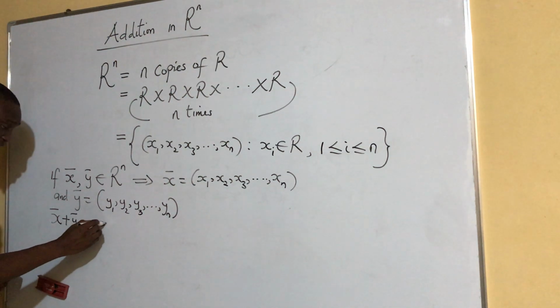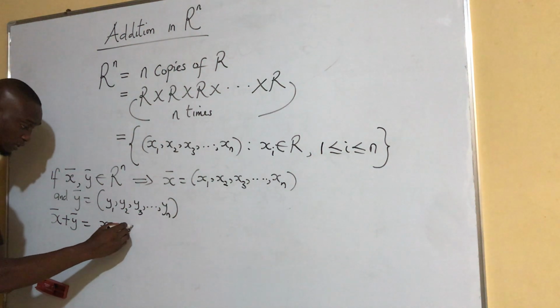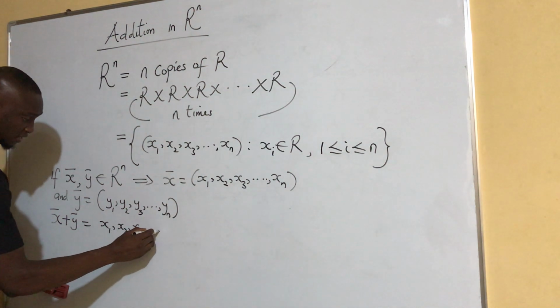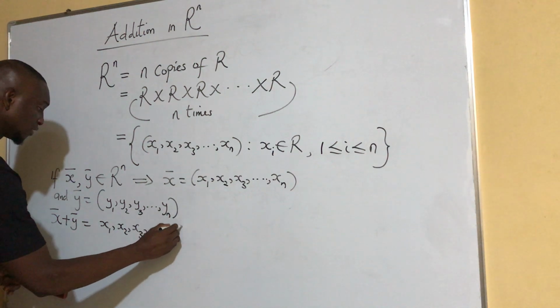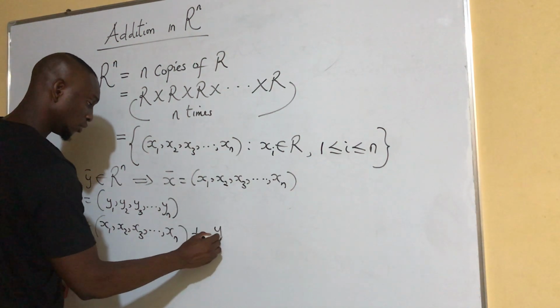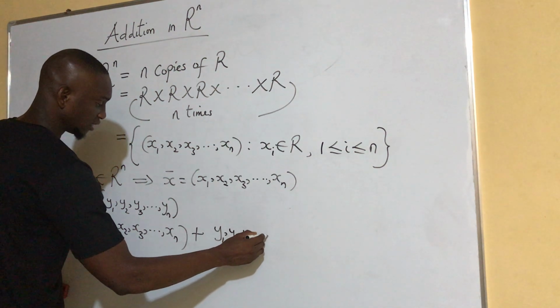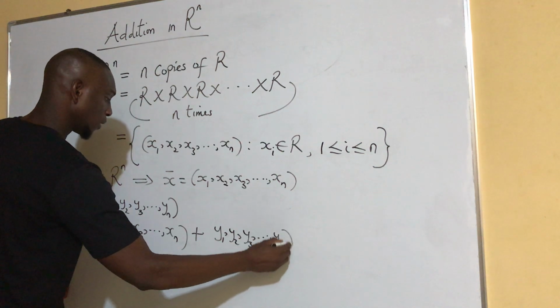It becomes x1, x2, x3, ..., xn added to y1, y2, y3, ..., yn.